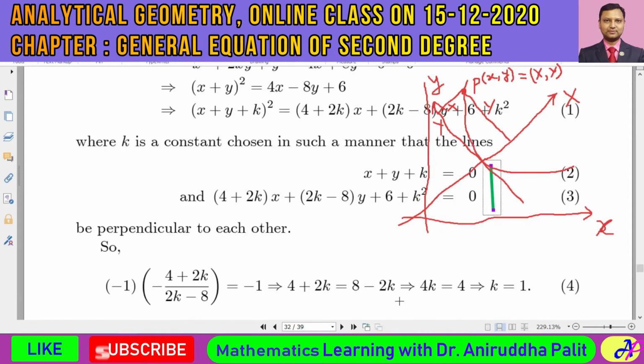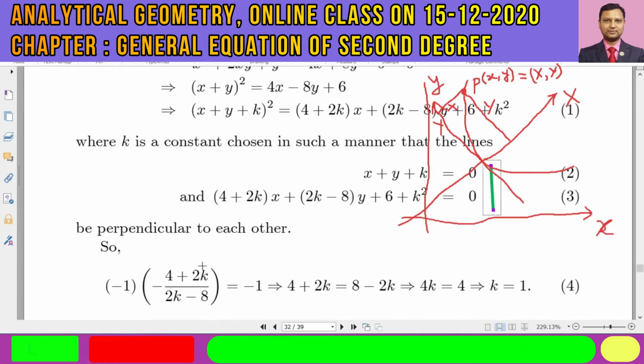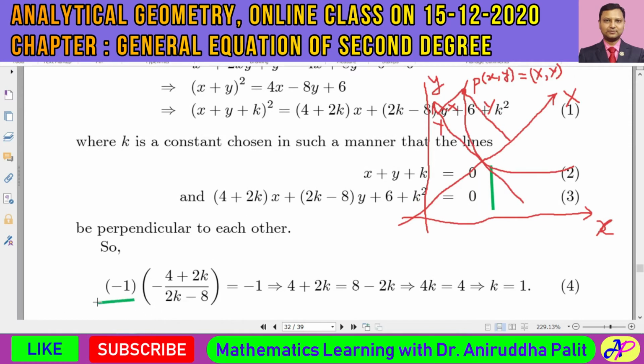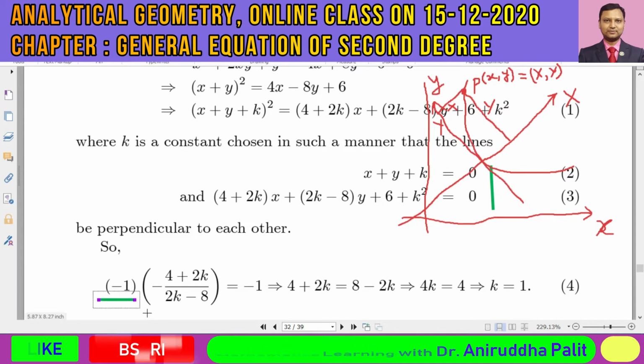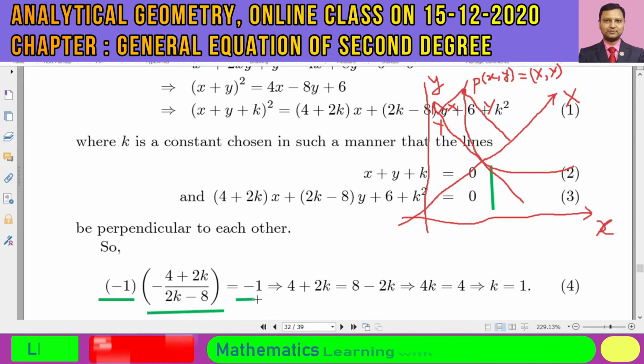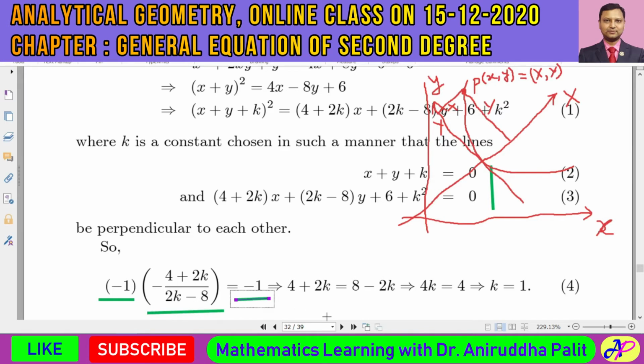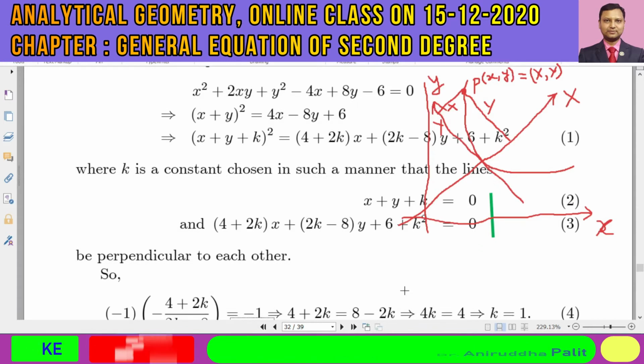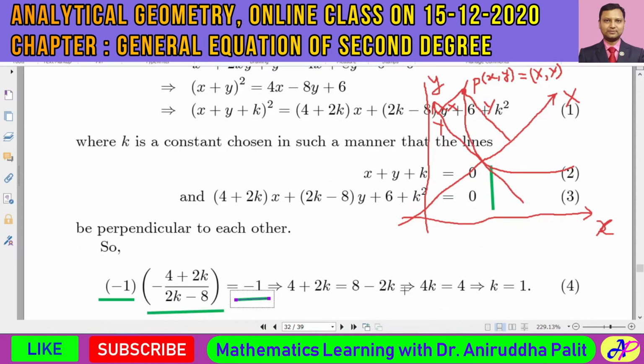And what is the condition of perpendicularity? We need to determine the gradient of both of these two straight lines, and the product of their gradients must be equal to -1. This is the condition under which the straight lines number 2 and 3 would be perpendicular to each other.